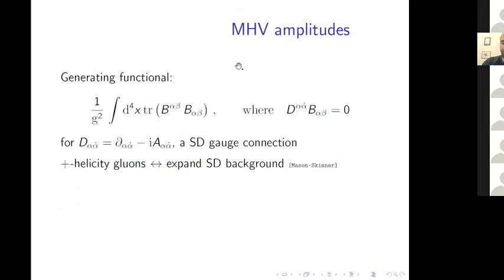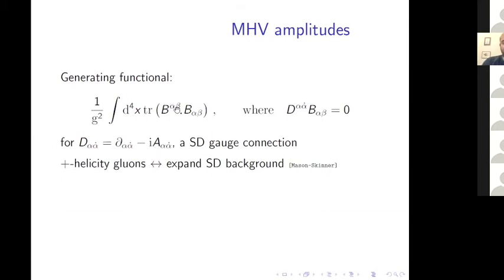So B_{αβ}, those are like the components of an anti-self-dual 2-form in 4 dimensions. And this B_{αβ} depends implicitly on a background gauge potential because it satisfies a PDE, and that PDE encodes a self-dual gauge connection because this is a covariant derivative.